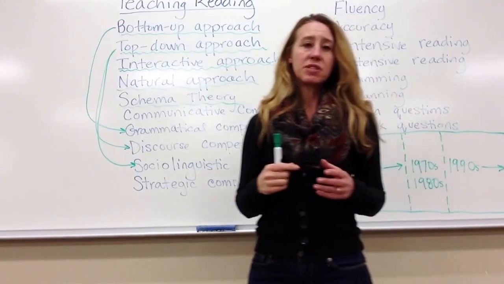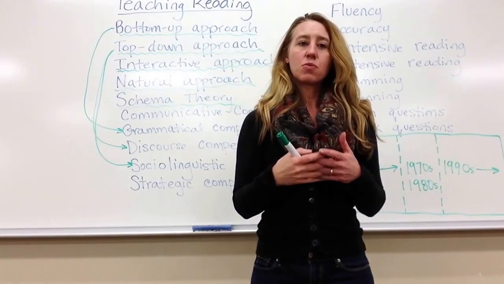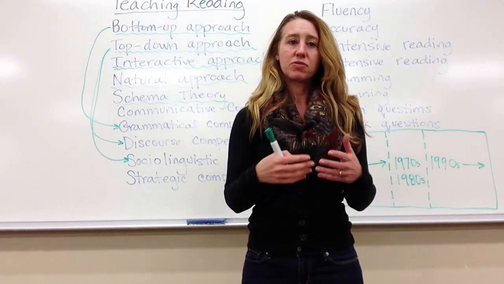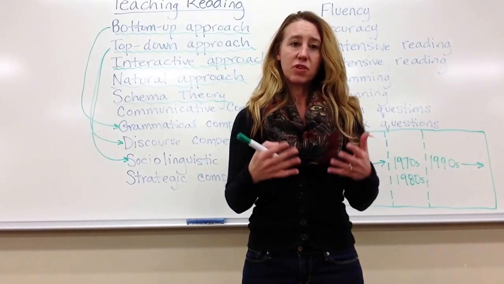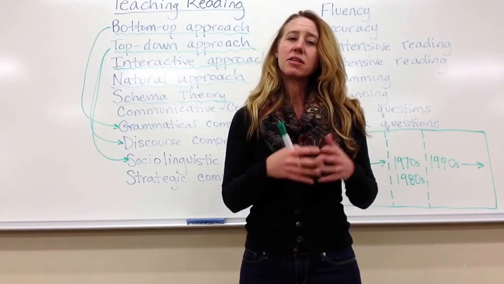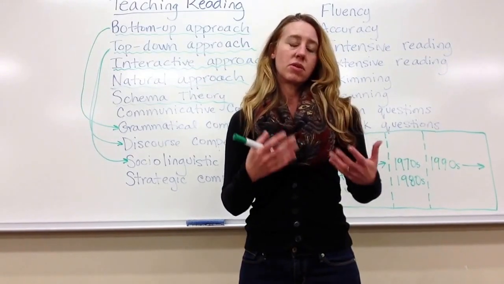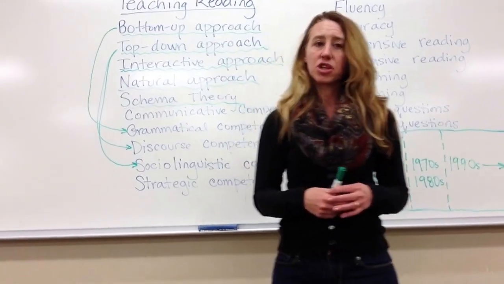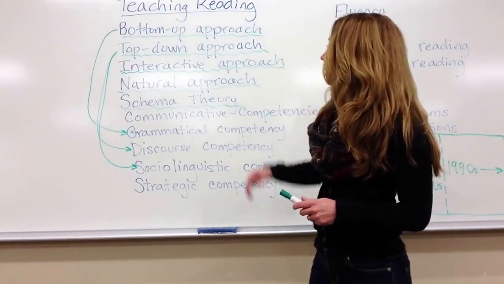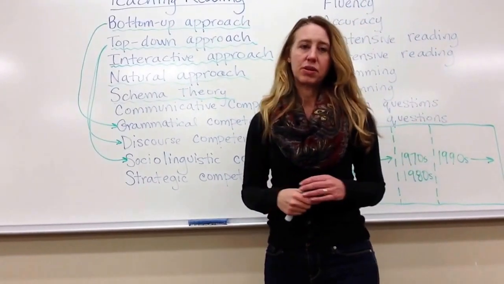And for the top-down approach, just as I mentioned before, besides just the vocabulary and the grammar, they were getting what's the purpose, what's the main idea, what's the genre, accessing the schema, what can you guess from the genre, that kind of thing. So we've got group 1, group 2, and group 3.